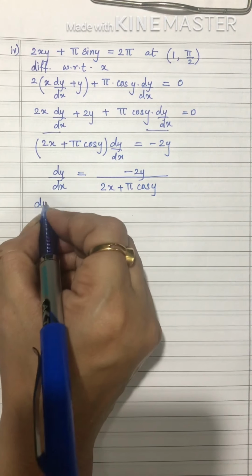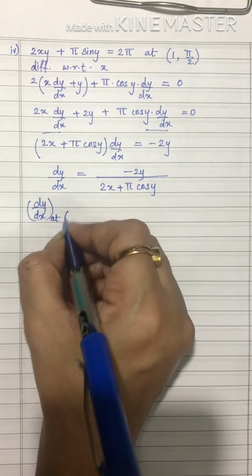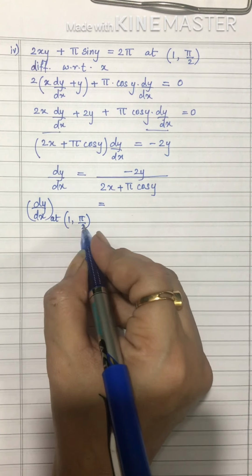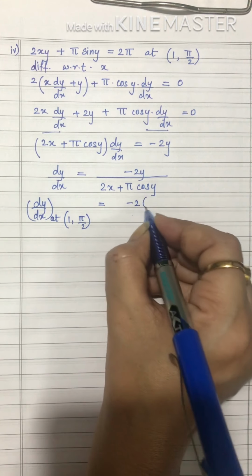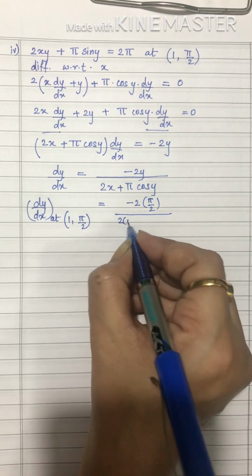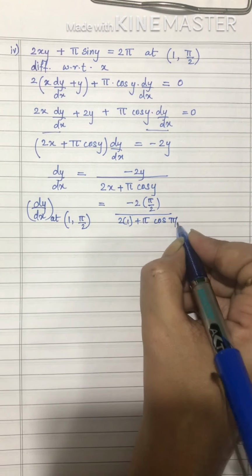Okay, finding it at the given point. Given point is (1, pi by 2). So x is 1 and y is pi by 2. Let's substitute it here. Minus 2 into pi by 2 upon 2 into 1 plus pi cos pi by 2.